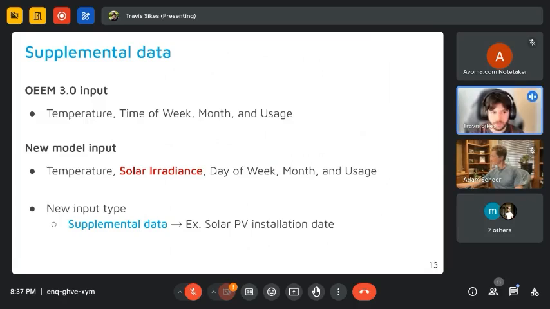that only have a partial amount of solar PV in the baseline period. Now, when I say solar installation data as a supplemental data, the way that it's actually being added is as 0 and 1. So 0 when there was no solar PV, this is done hourly, and then 1 from the solar PV installation date onward. And that solar PV installation date comes from a number of places.